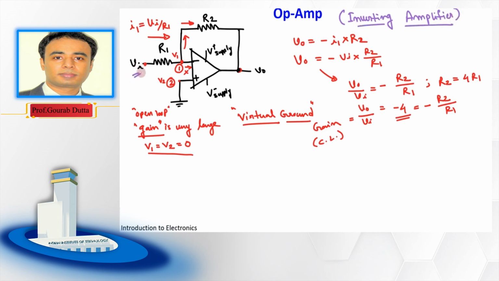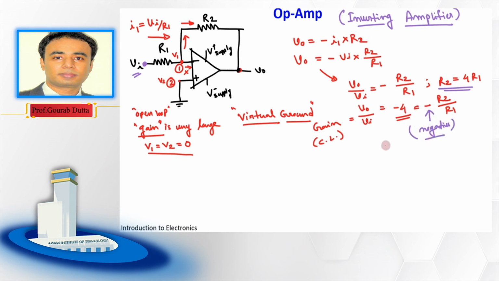Because the signal or the DC voltage is applied at the inverting terminal. And why is it an amplifier? Because you can see the output voltage is amplified depending on the values of R2 and R1. And you have also noticed that the gain is negative.